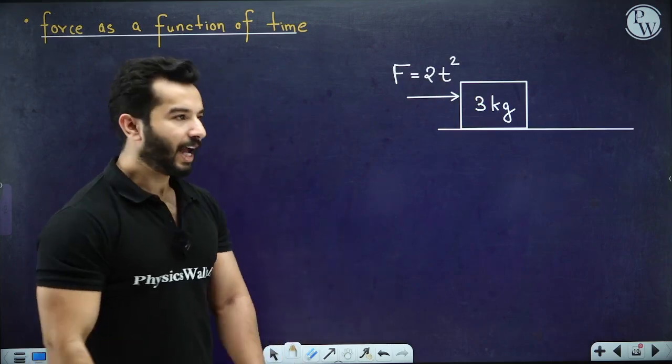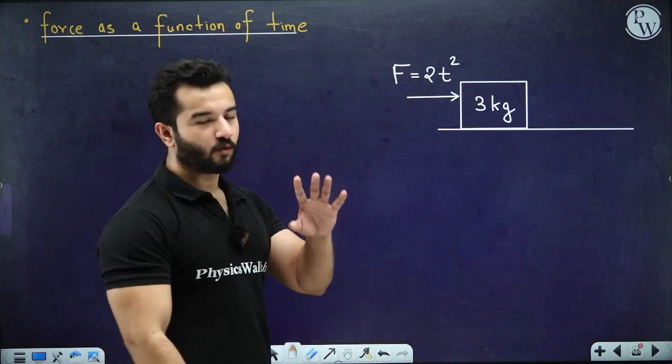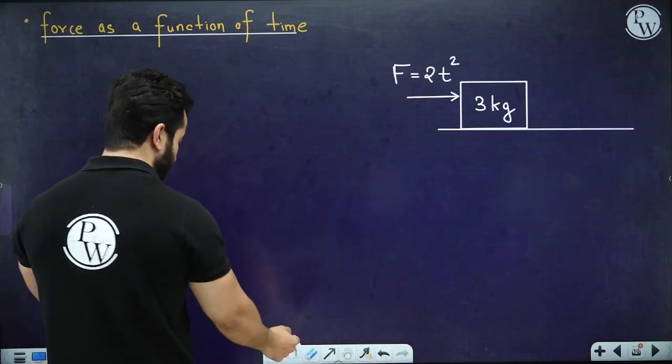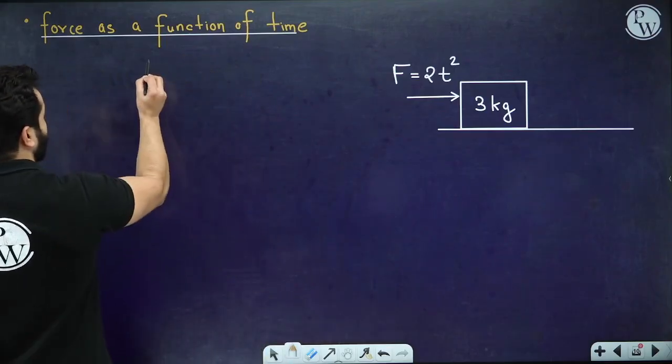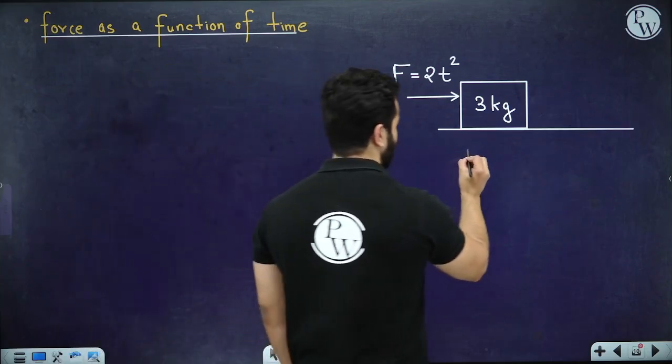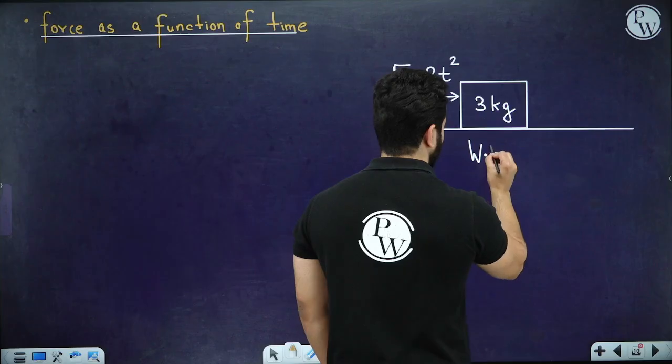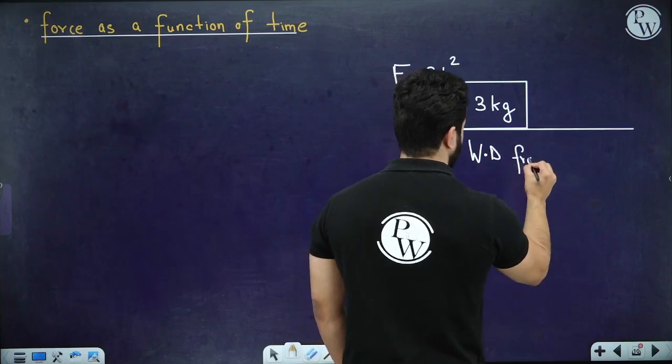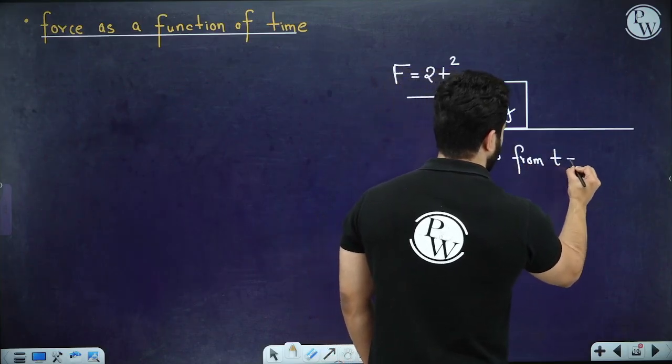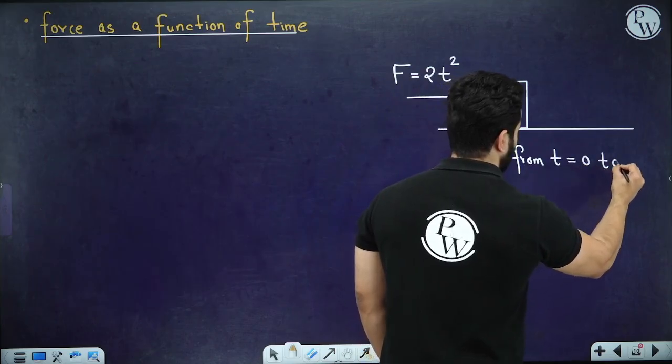Is that correct? And we have to find out the work. Now see, force is given as a function of time t, and we have to find out the work done by the force. Let's say work done from t equals 0 to t equals 2 seconds.